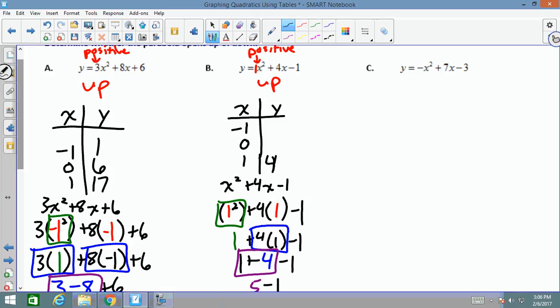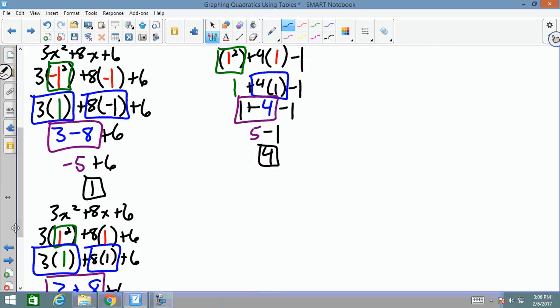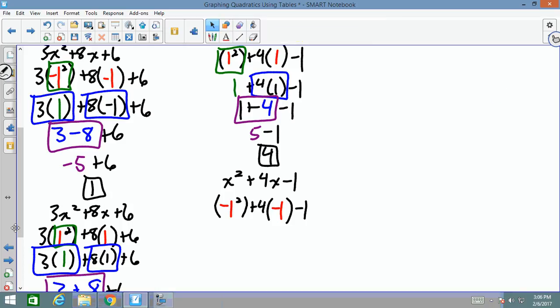Okay, see that's always the last number, which is negative 1. And then we're going to do negative 1. X squared plus 4x minus 1. We're going to do negative 1 now, so it's going to be negative 1 squared plus 4 times negative 1. And negative 1 squared is, always do the squared term first. Negative 1 squared here is 1.